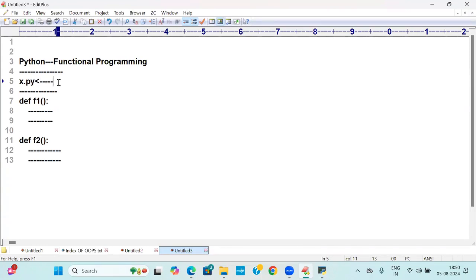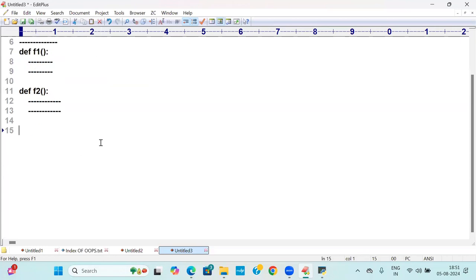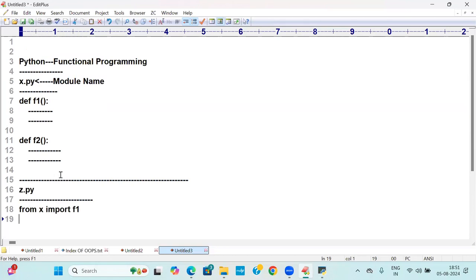Module name. Now, students, carefully try to follow. Next, something like jet.py is another programmer's file. He is saying from x import f1 and f2. What are f1 and f2?